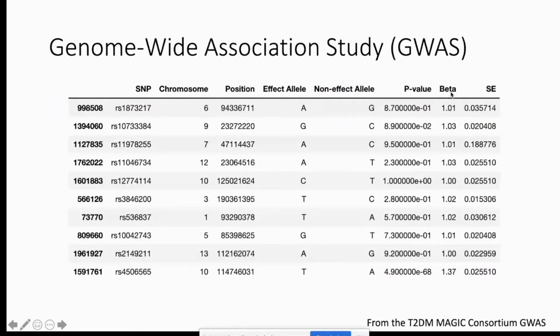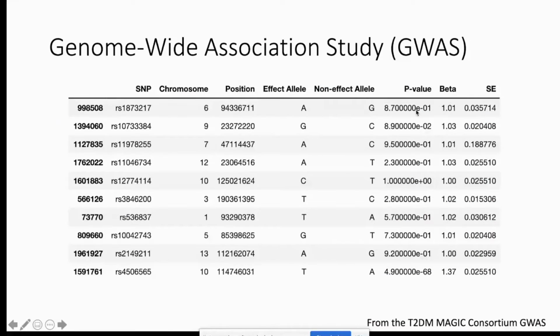So how do you convert log odds to the odds ratio? You use the exponential function. So this means that there's a 1% increase in the odds of type 2 diabetes if you have this allele or this nucleotide at this position in this chromosome.